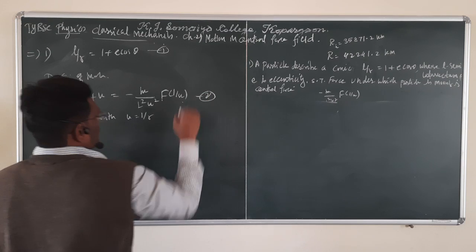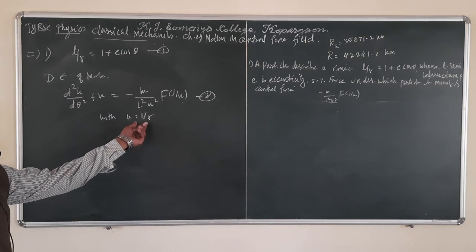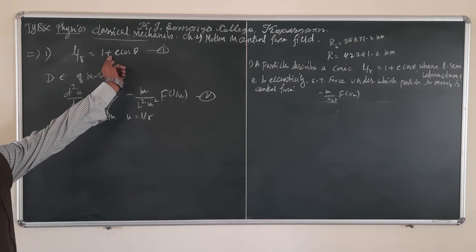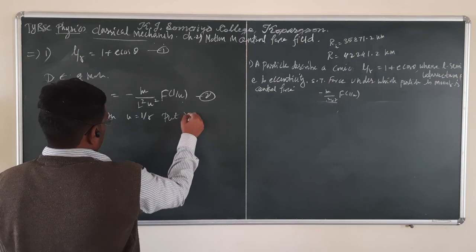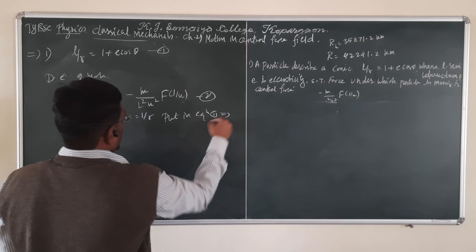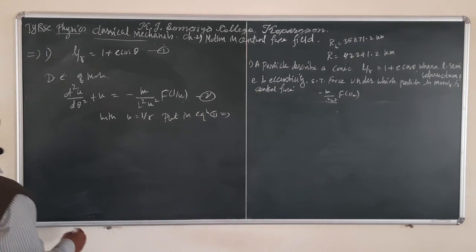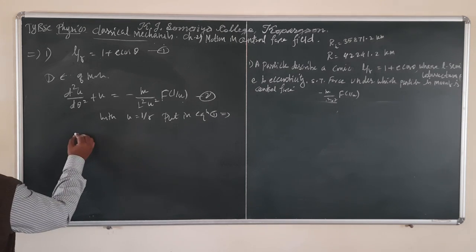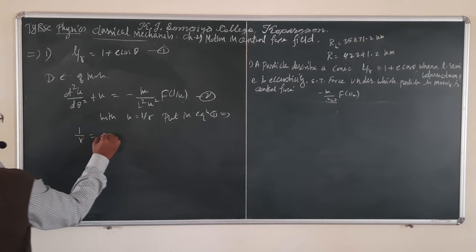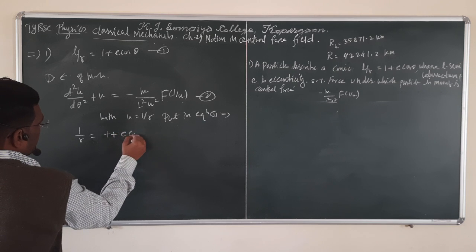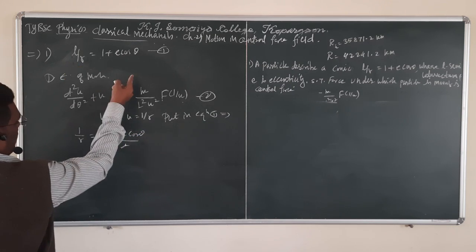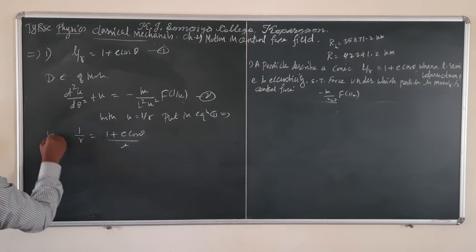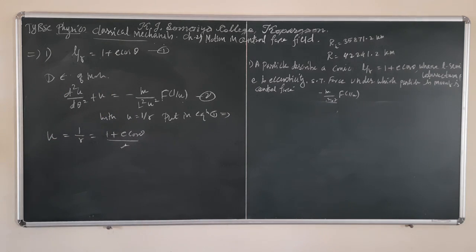Now put u is equal to 1 upon r in equation 1, because that is given. So what will we get? l upon r can be written as 1 upon r is equal to 1 plus e cos theta divided by l. If you take this l on the right hand side, 1 upon r is nothing but u.